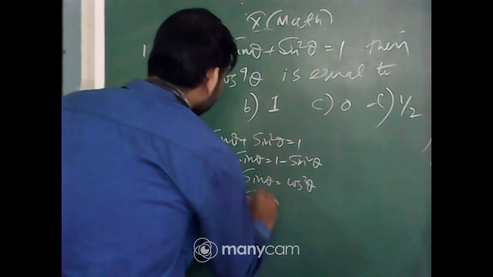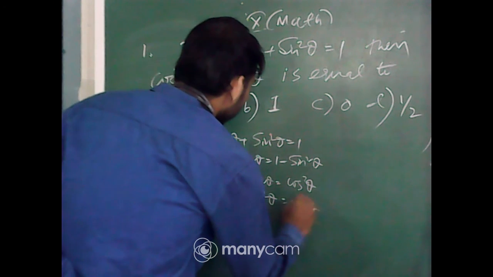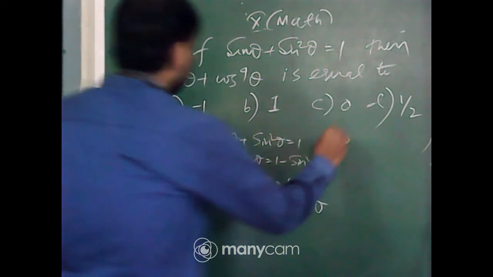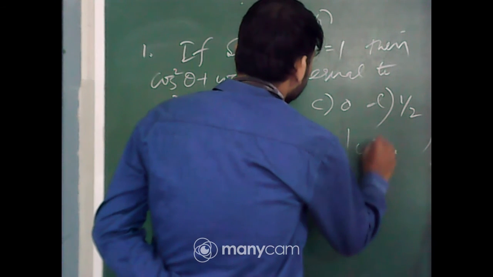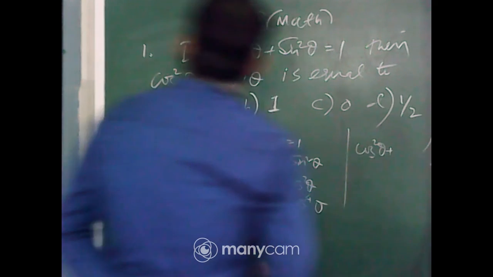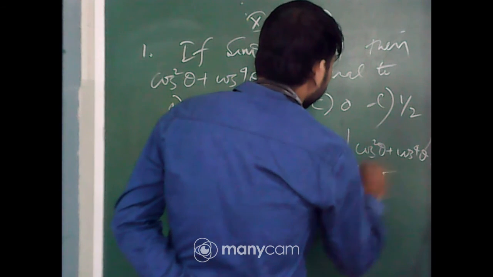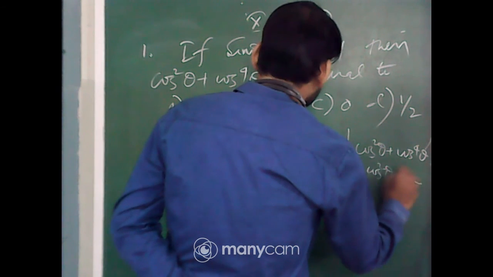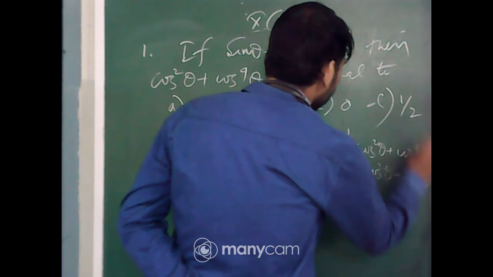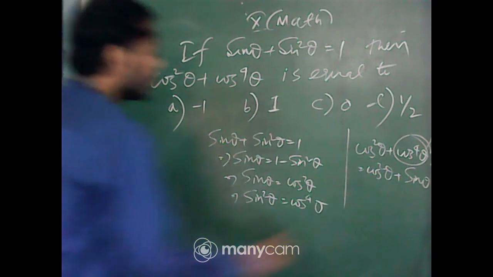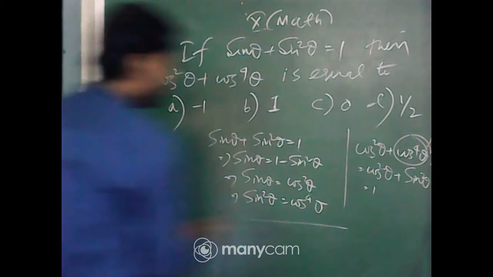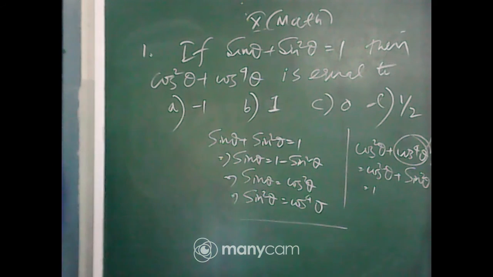That means sin square theta equals cos to the power 4 theta. Now put it here: cos square theta plus cos to the power 4 theta. Instead of cos to the power 4 theta, we may put sin square theta, so cos square theta plus sin square theta is 1, using this result.